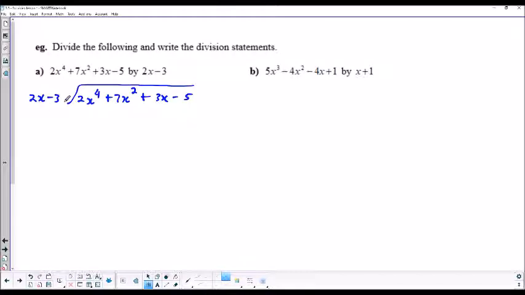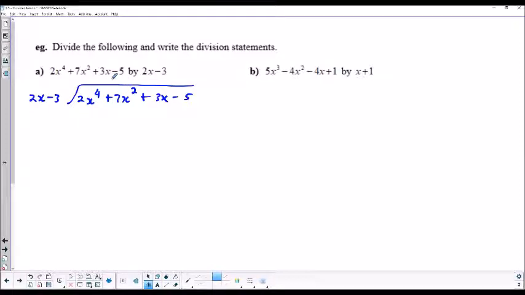We're going to then divide here. So I ask myself again, just from that first term, we don't look at the negative 3 at the moment, but I say, what do I multiply 2x by to get 2x to the power 4? And I see that that would be x cubed.